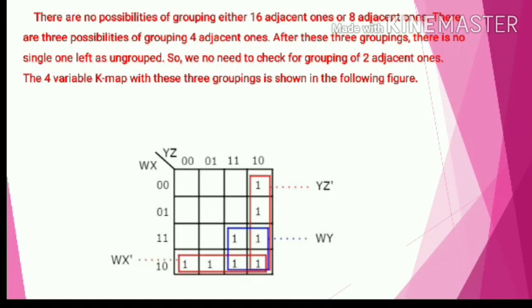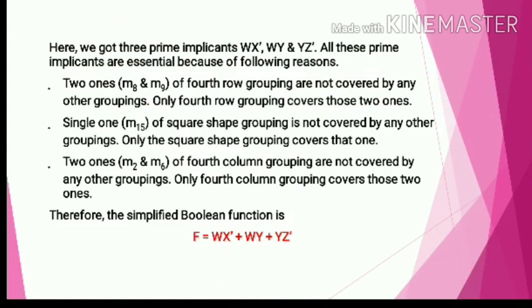So 3 groups can be formed in the K-map: w x' is one group, w y is another, y z' is another. Here we got 3 prime implicants, w x', w y and y z'.